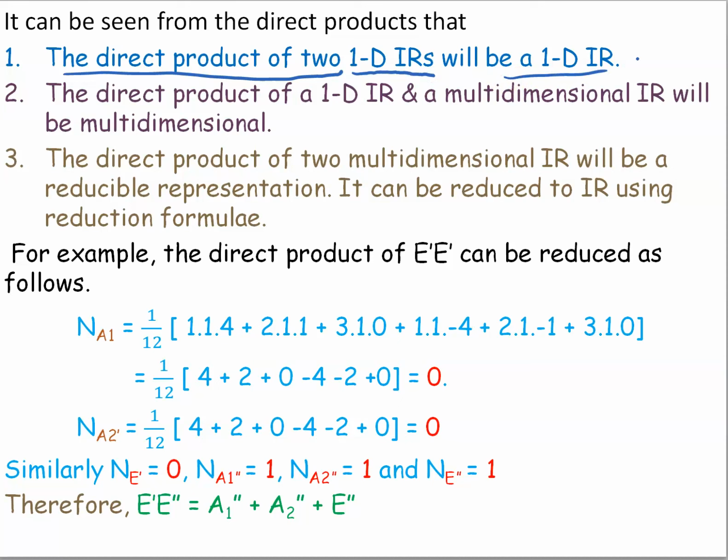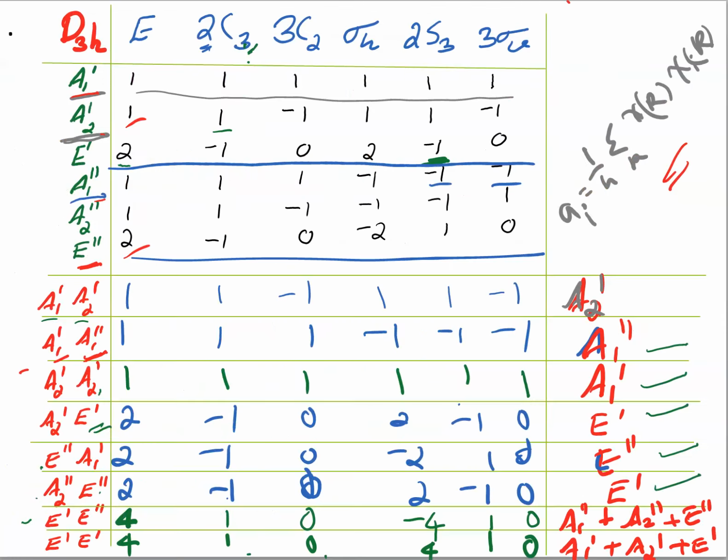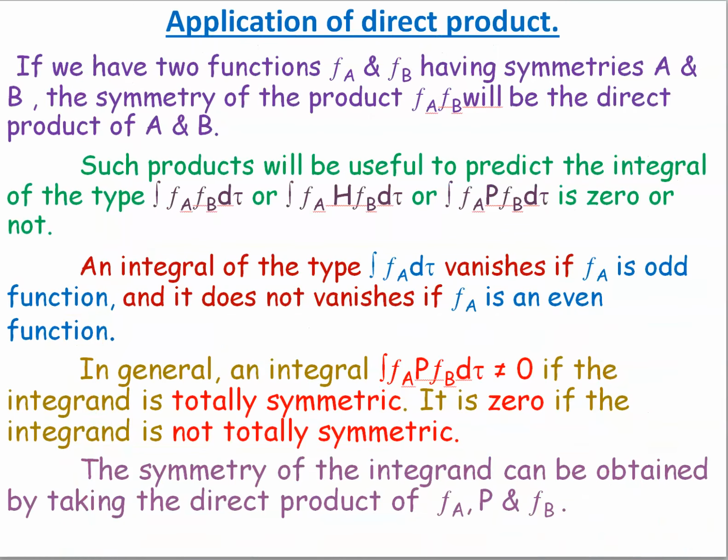That we already got. That is, two one-dimensional IRs, A1, A1, we get one dimension with one dimension, we get one dimension.